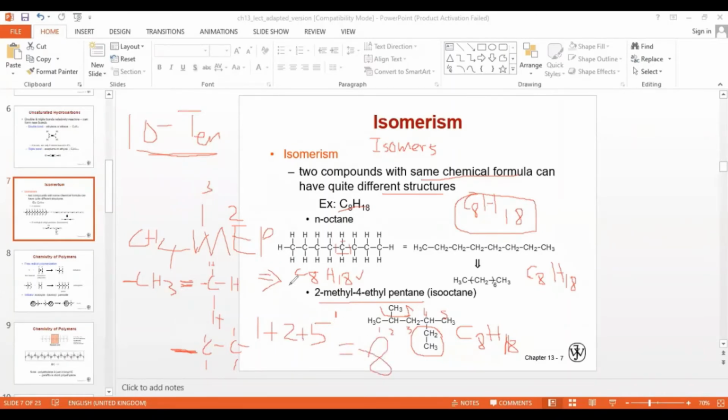So here also you have 8 carbons. So that's why we call this 2-methyl 4-ethyl pentane. We do not call it 2-ethyl 4-methyl octane. We are not going to call it like that. If you have told the methyl and ethyl parts separately as 2-methyl and 4-ethyl, we are not going to add their number into the main chain. If they have branches, we will name the branch separately and the chain name separately.